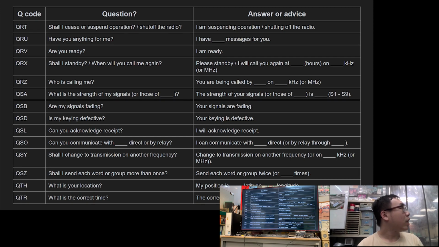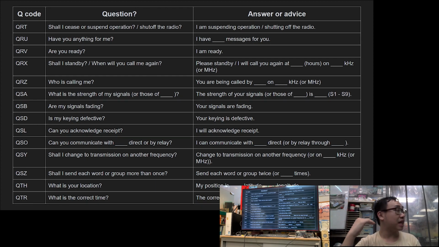QSB is also common, especially in long-distance DX, because the ionosphere is not that stable. It is fluctuating, so the signal they can hear may be fading.